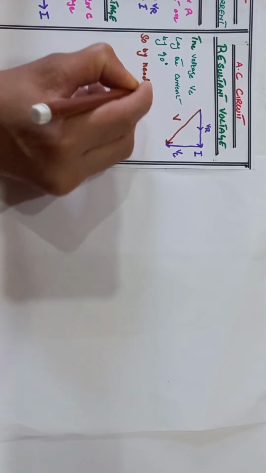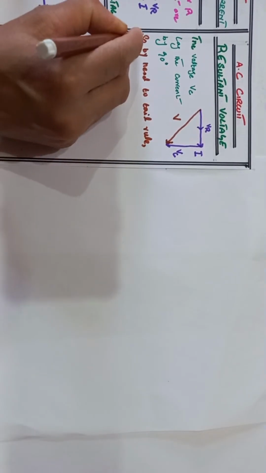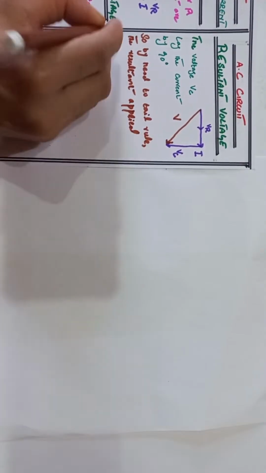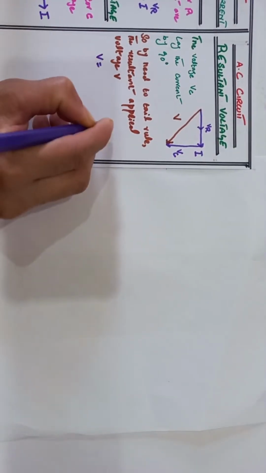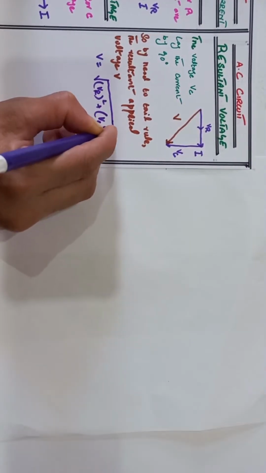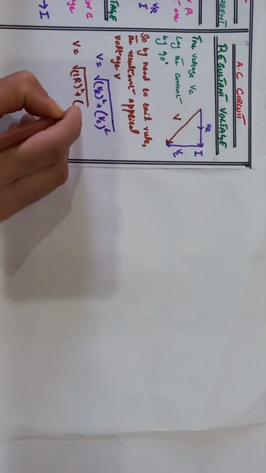So by head to tail rule, the resultant applied voltage V is equal to under root VR squared plus VC squared. So the resultant voltage is equal to under root IR whole squared plus IXC whole squared.